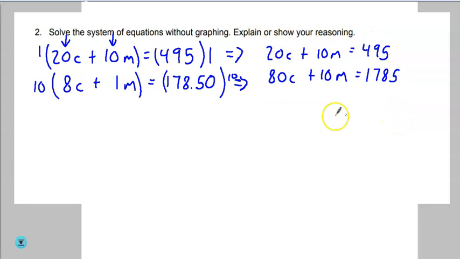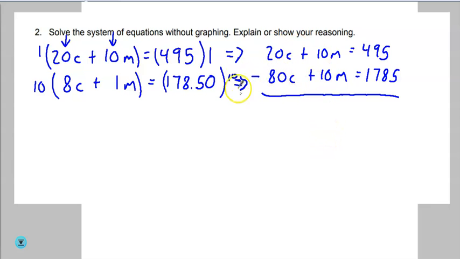So now you have two equations. We can eliminate the M's because they're both 10 and they're both positive. So I'm going to eliminate them with subtraction.